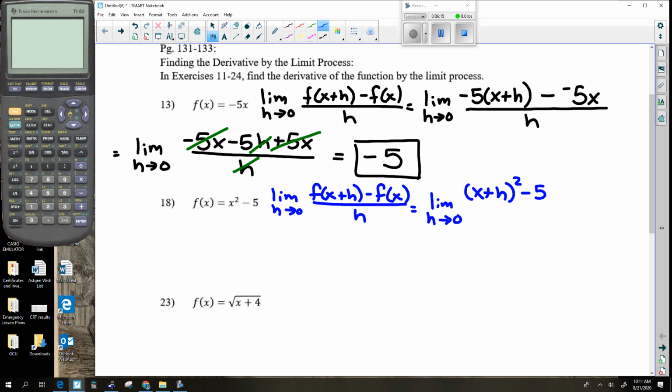Okay, so that is the f of x plus h, minus f of x, which is x squared minus 5, all over h.